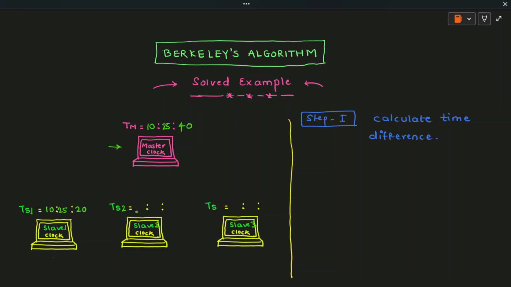Slave 2 is showing time 10 hours 25 minutes 30 seconds and slave 3 is showing time 10 hours 25 minutes and 50 seconds.